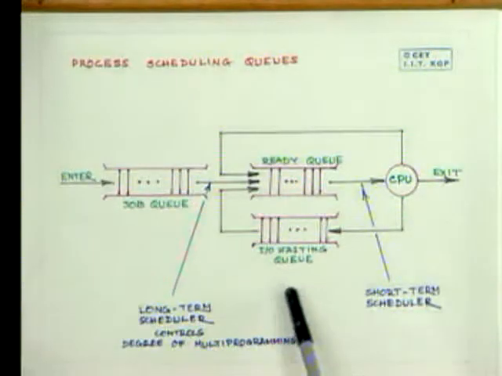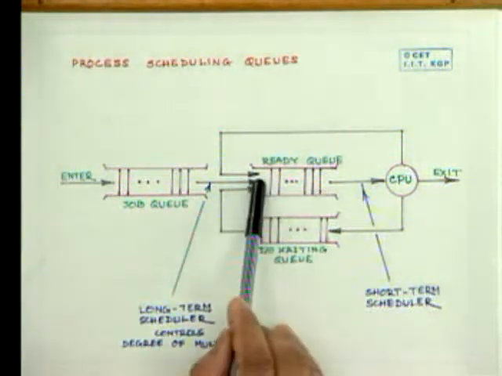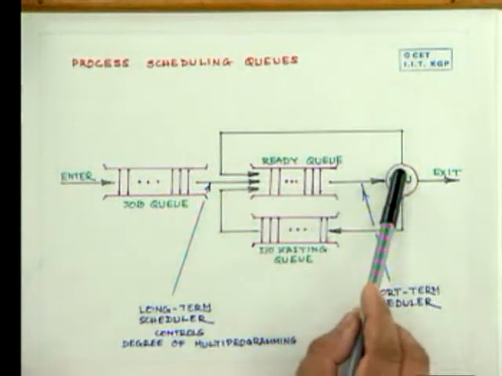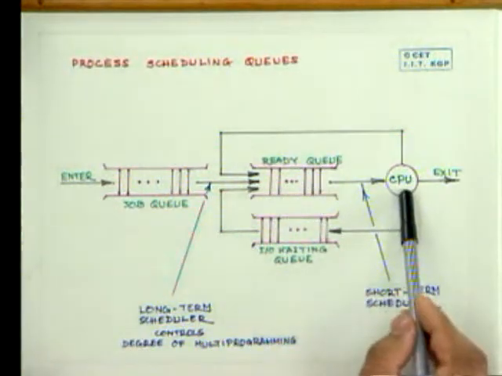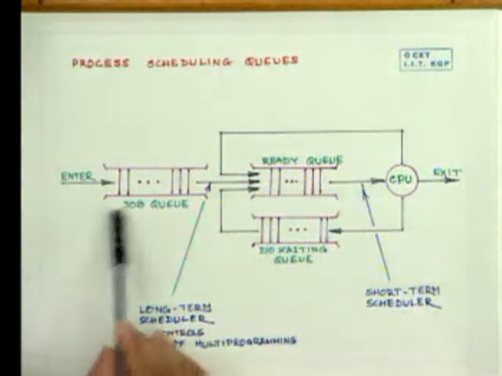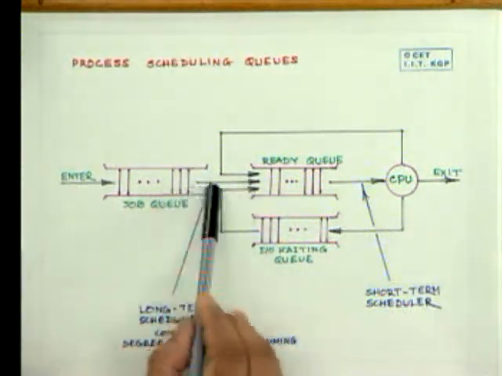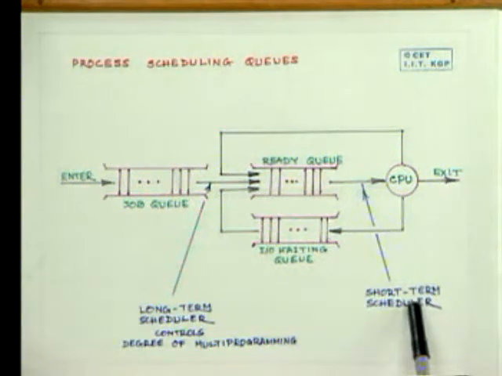let me show this diagram that I showed in the previous lecture. Here is the ready queue. In the ready queue, processes may come from the CPU on timeout, processes may come from the IO waiting queue, and new processes can come from the job queue. This is the ready queue. This is the scheduler that we are talking of.